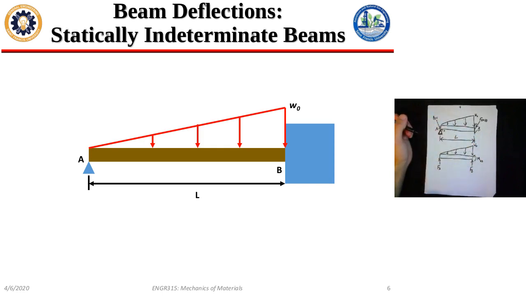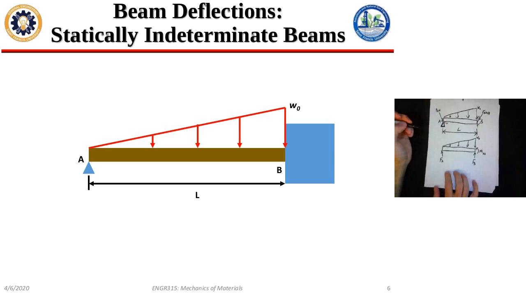Danilo, you are right. There are horizontal reaction forces, but because all of the applied loads are vertical, I'm just going to ignore them for right now, because they end up being zero.